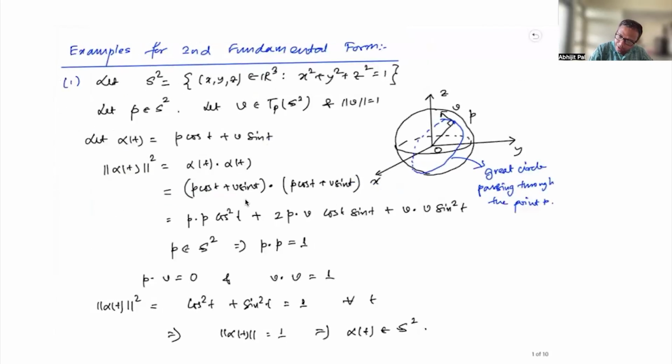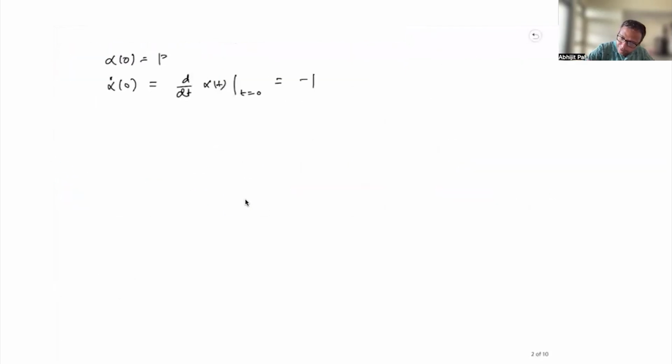The derivative of alpha(t) is minus P sin t plus V cos t, and this evaluated at t equals 0 is equal to V. So we have a curve alpha passing through P whose velocity vector at 0 is equal to V. This curve alpha is a unit speed curve.